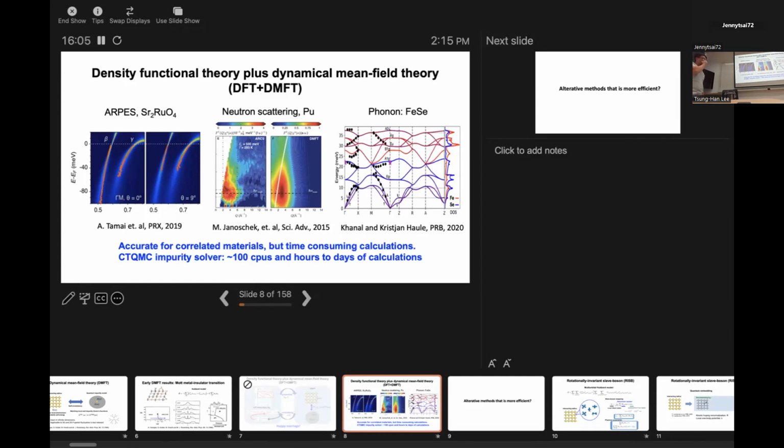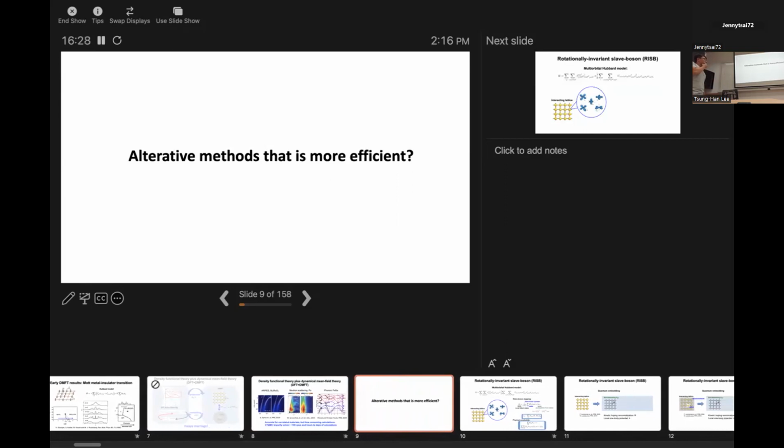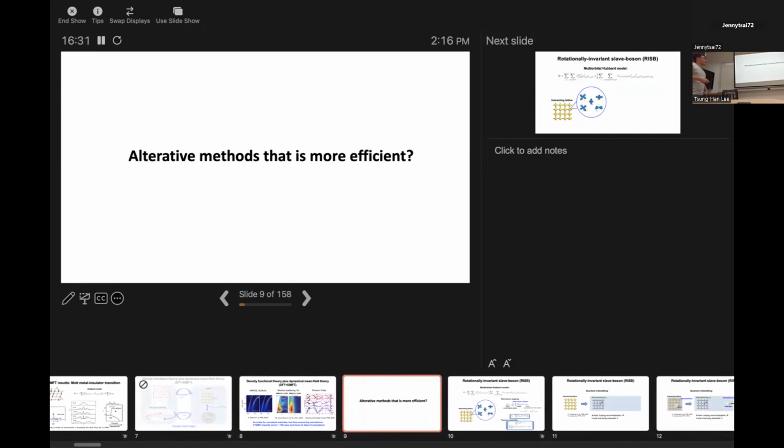So it is not very feasible if we want to study, for example, more complicated materials with more atoms. And also, we are not able to do high-throughput calculations in order to predict the properties of correlated materials. So this leads to my recent efforts, where we would like to develop alternative methods that are more efficient, and at the same time have a relatively smaller computational cost compared to DMFT.